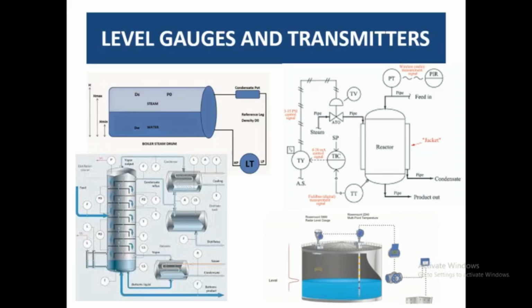The level transmitter is giving me an idea about how much liquid is available in this equipment, because if I know the inner diameter of this cylindrical equipment and its complete length, and the level transmitter reads 40%, I can easily understand that 40% of the volume of this boiler contains water.